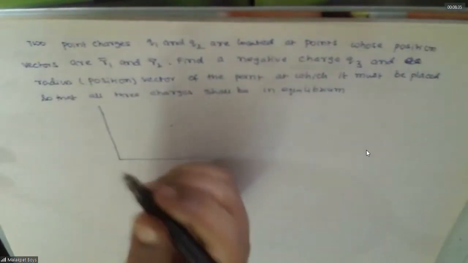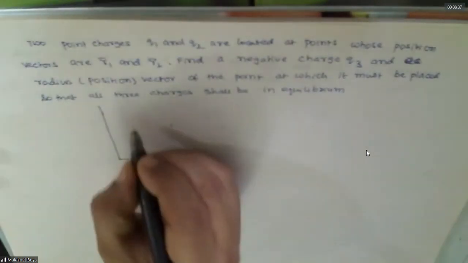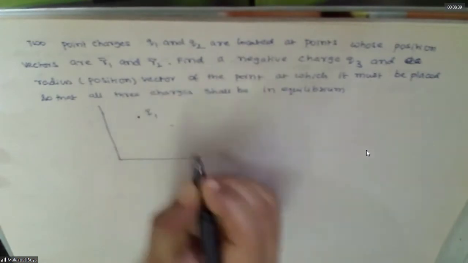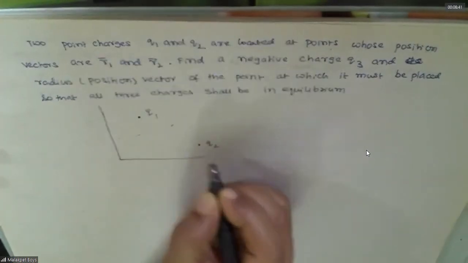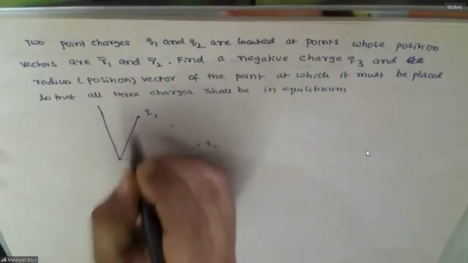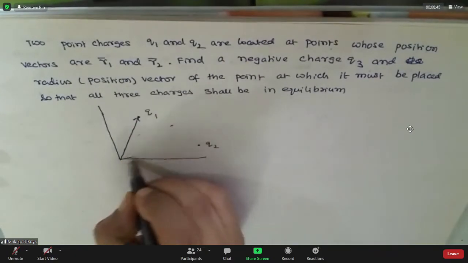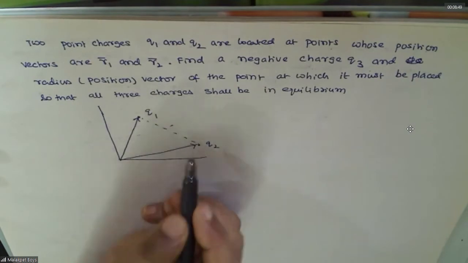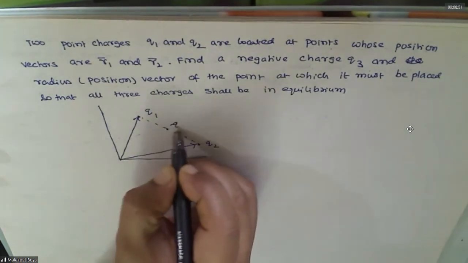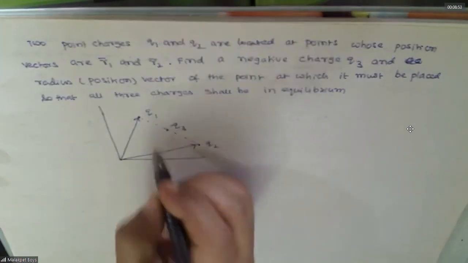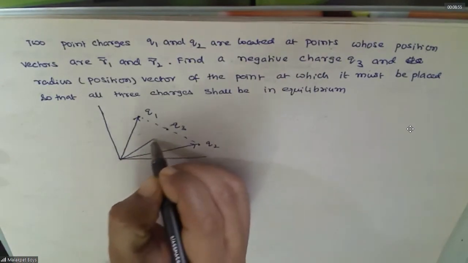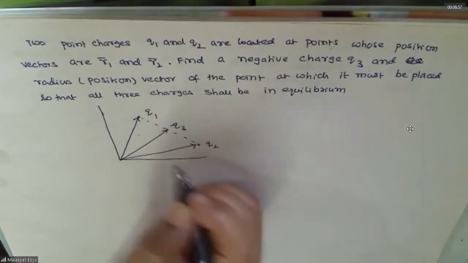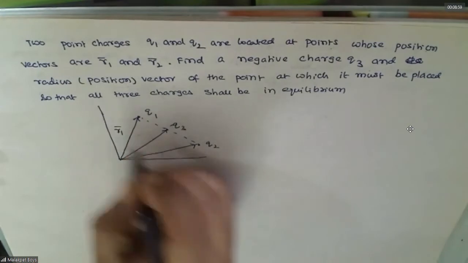See here, we are having Q1, Q2, and this is the position vector R1 bar, R2 bar. This is Q3. You have seen that Q3 should be in between Q1 and Q2, no? Earlier we proved this. Yes, sir.